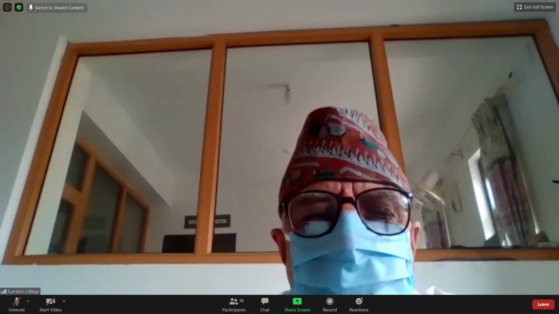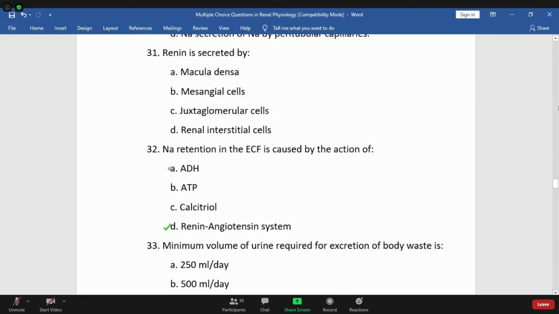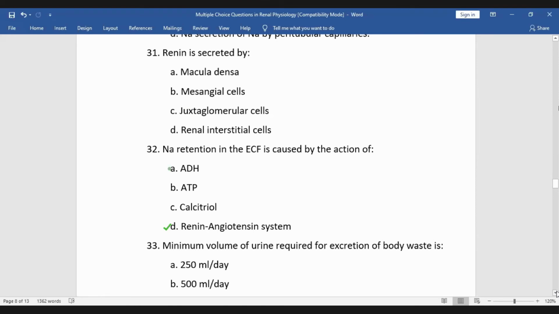Another is to stimulate the production of aldosterone. It is the aldosterone which causes retention of the sodium in the ECF. Am I correct? Sodium retention in the ECF is caused by the action of the renin-angiotensin system, because it is responsible for secretion of aldosterone, and aldosterone causes reabsorption of sodium from the renal tubule. Once it is absorbed, it is put in the extracellular fluid, and this is the correct answer.